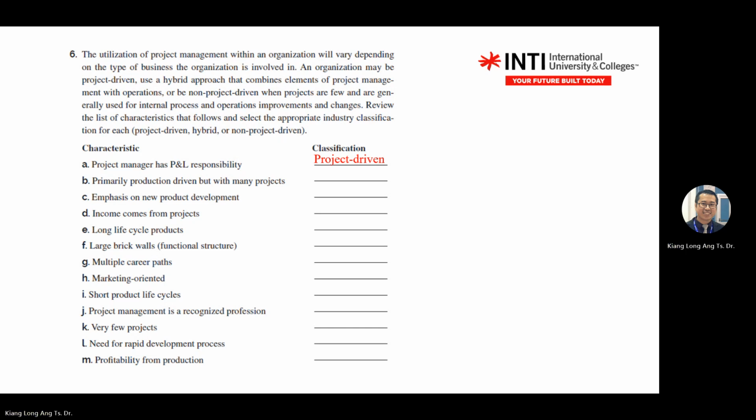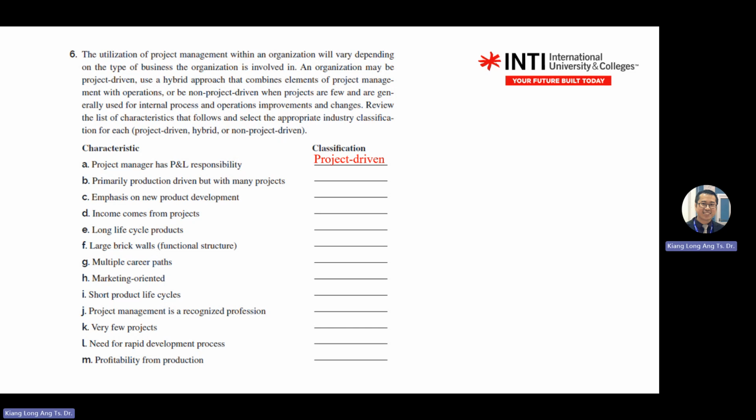Okay. So if I take away the project manager and put in functional managers, it becomes non-project. Understand? So for P&L, it depends.